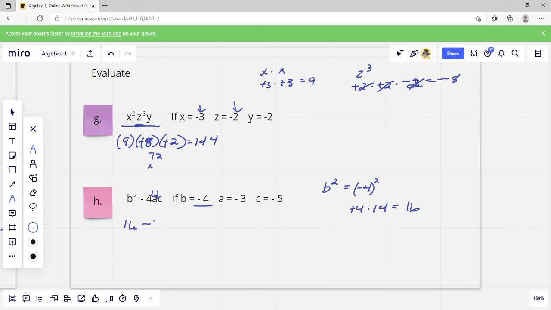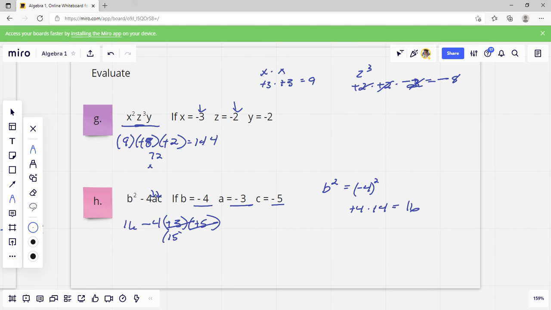So minus 4 times a, which is negative 3, times c, which is negative 5. So I have to multiply right here because I've got multiplication between my 4 and my a and my c. So I can cancel out these two and say 3 times 5 is 15.